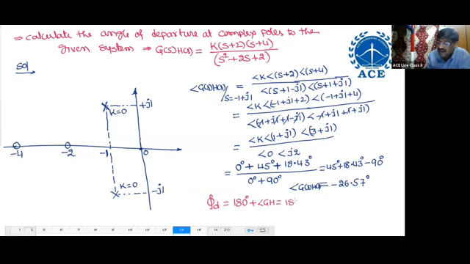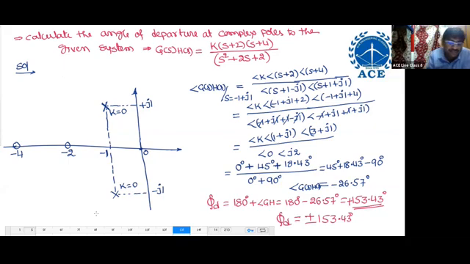So that means 180 minus 26.57 degrees, that means 153.43 degrees. If you ask what is angle of departure, it means plus or minus 153.43 degrees. This is plus now. At this pole minus, because of mirror image. Here plus means here it should be minus. Plus or minus.